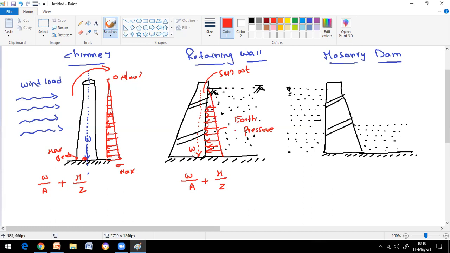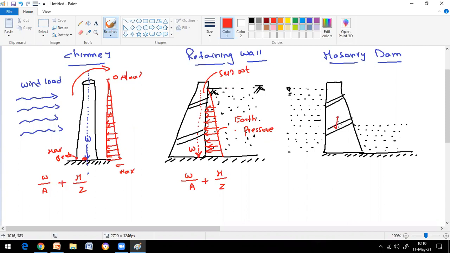Understand? So the retaining wall is also one of the best applications where a member is subjected to both direct and bending stresses. And the third one is the masonry dam.